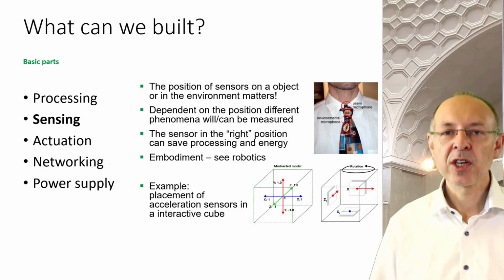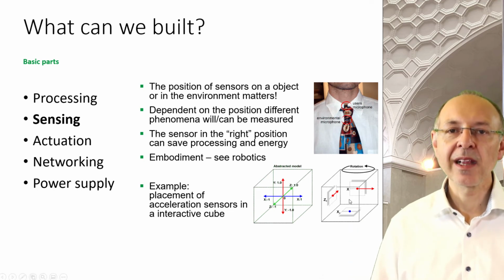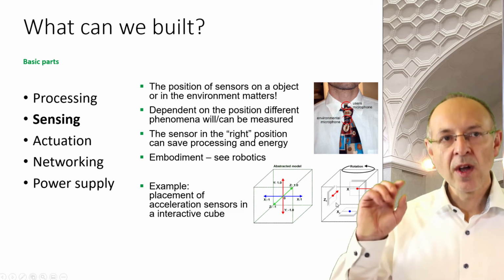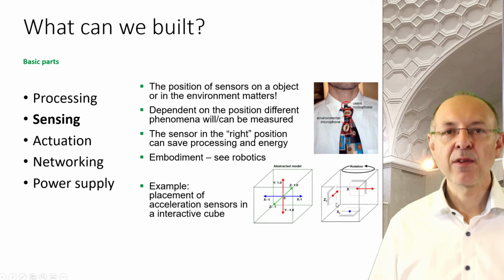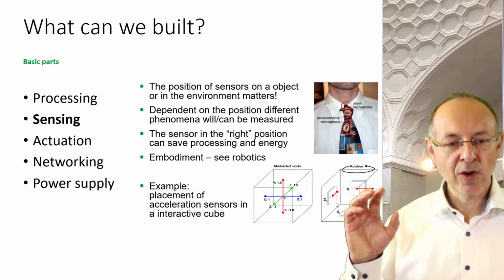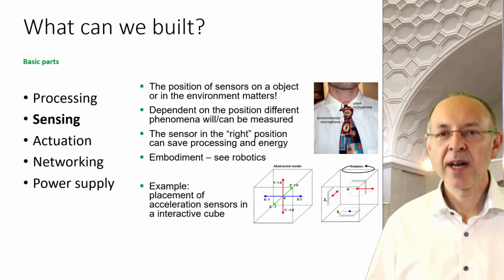Another example is you have a cube and you want to check the handling. If you put a single sensor in the middle, this is really tricky, but if you put 3 sensors on the faces, it's much easier. So if you think of sensing, think of sensor placement. Where do you put the sensor? And take this microphone example. If you have multiple microphones, a lot of ideas are easy to realize.